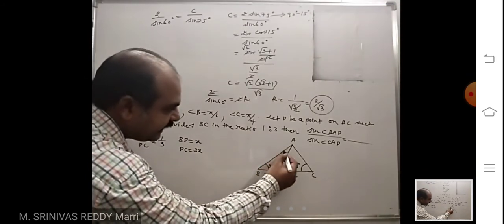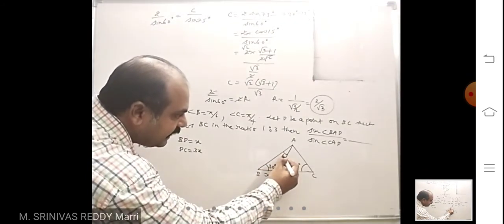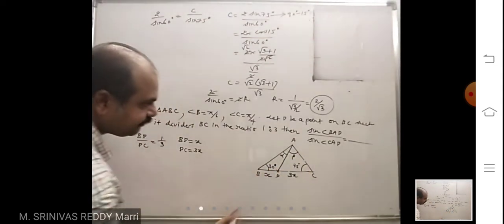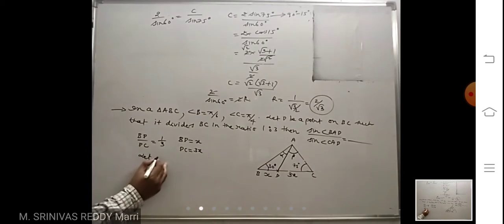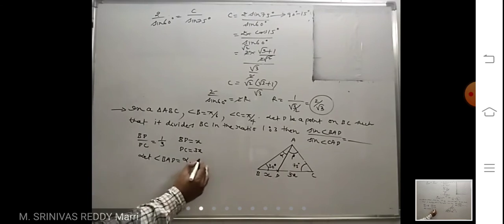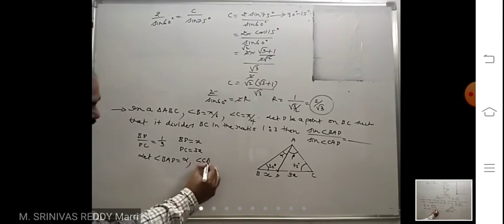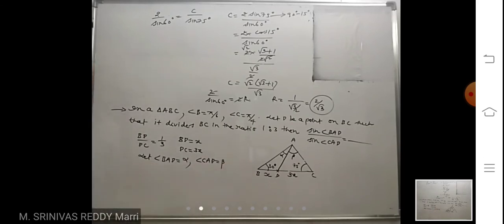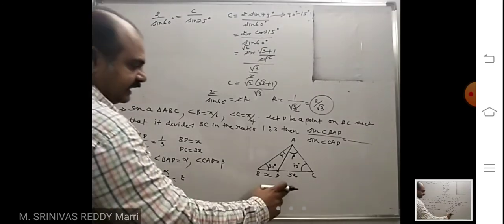Regarding those angles, let us take this angle as alpha and this angle as beta. Let angle BAD equal to alpha, angle CAD equal to beta. Then what you have to find out, you have a clear idea: sine alpha divided by sine beta equal to how much? That you have to calculate. Now if you look at here there are two triangles.